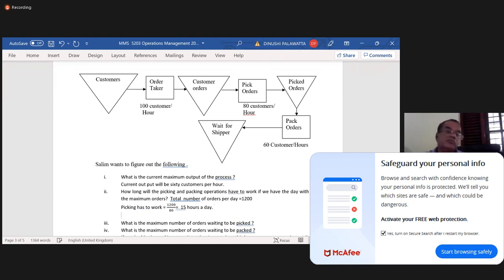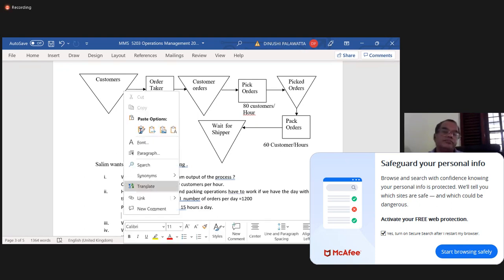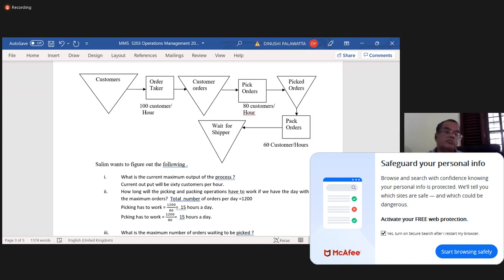Packing has to work 1,200 divided by 16. That is 20 hours a day.